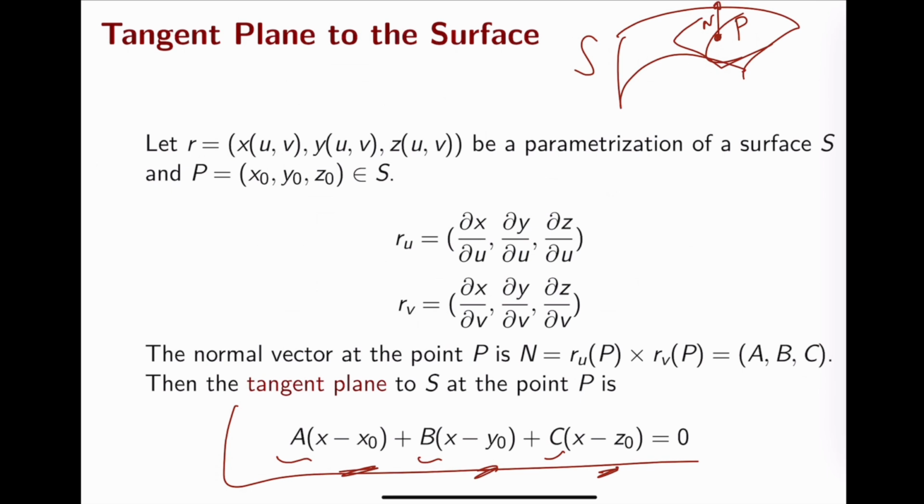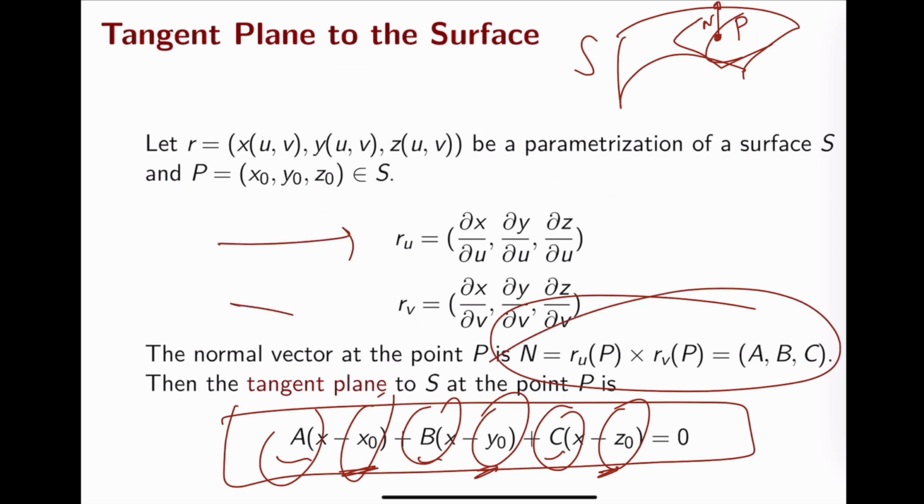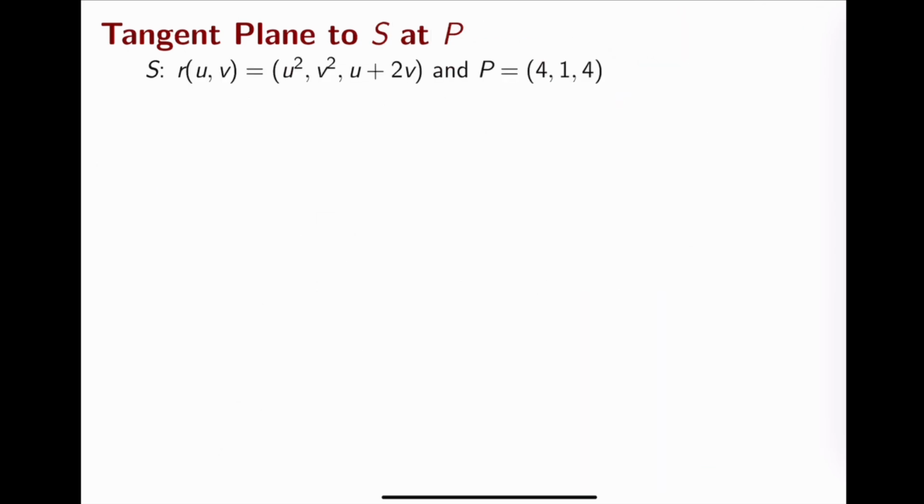So this will be the equation of the tangent plane at the point x0, y0, z0 with normal vector a, b, c calculated by the cross product between the derivatives with respect to u and with respect to v. Let's calculate the tangent plane to the surface given by this parametrization at the point 4, 1, 4.